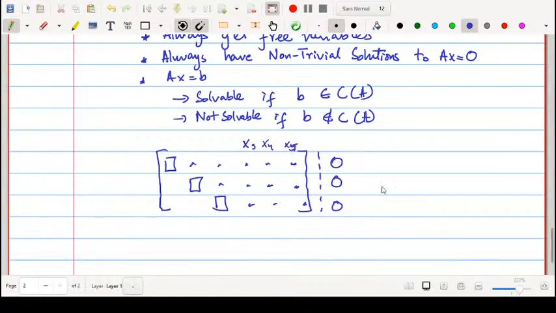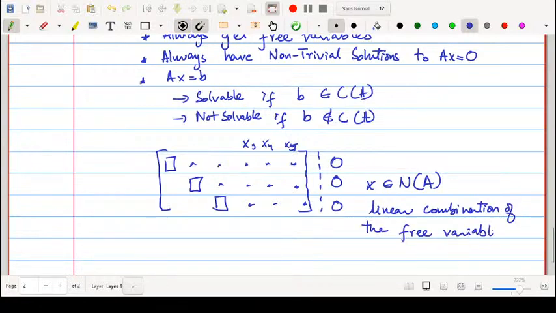The null space means all the solutions to Ax equals 0, and they will be a linear combination of the free variables, right?